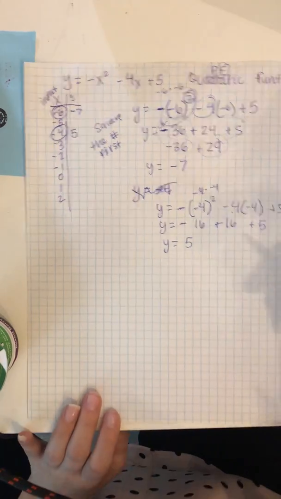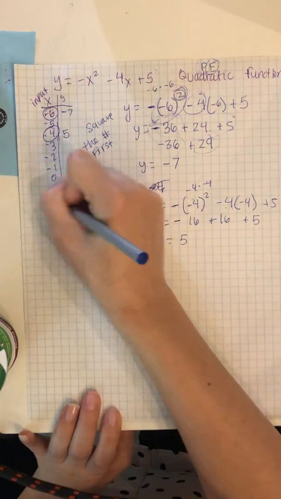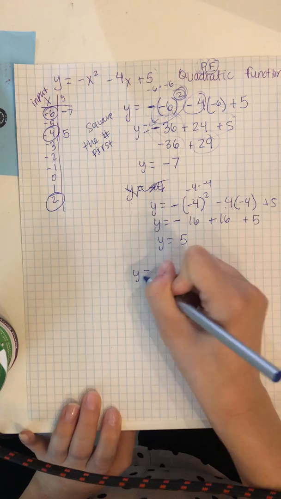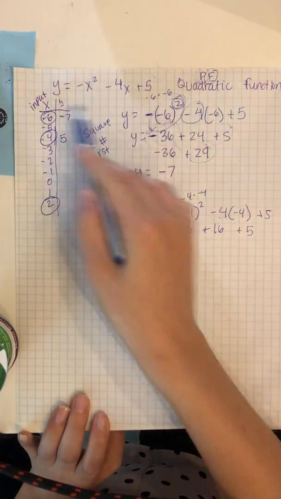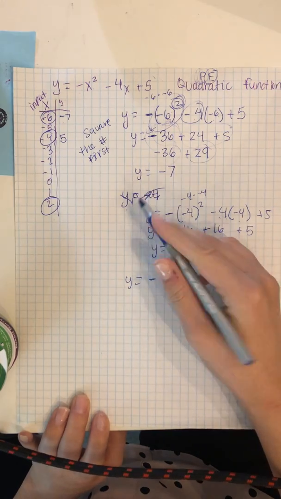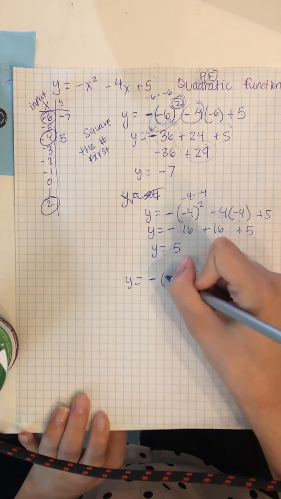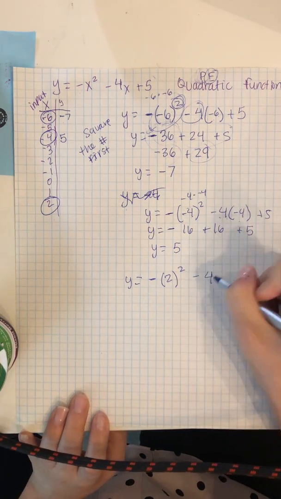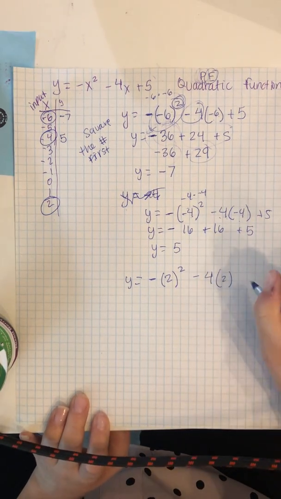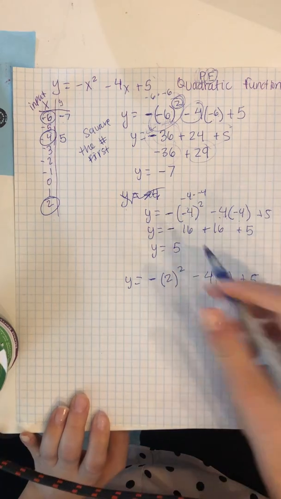Okay, and I'll do one example with the positive number. So I'll do +2. So I'm gonna do y equals, and again, use the original equation, negative, and I'm inputting my value of 2, squared, minus 4 times 2 plus 5.